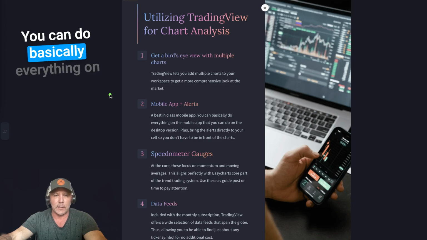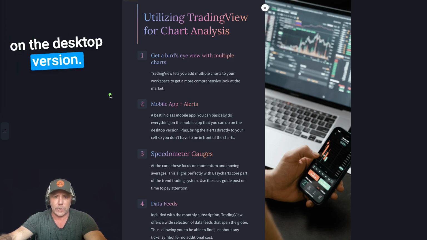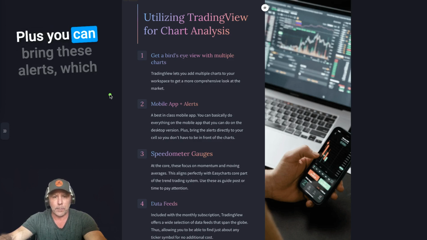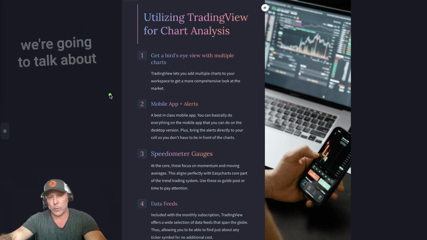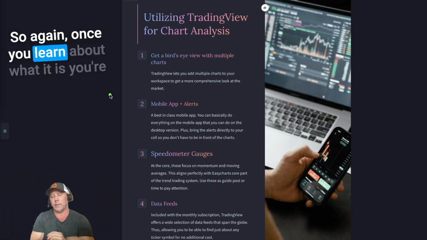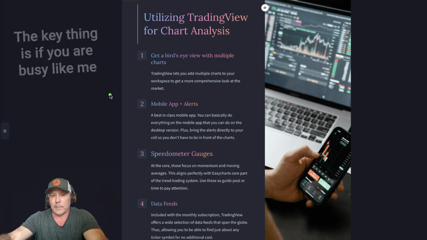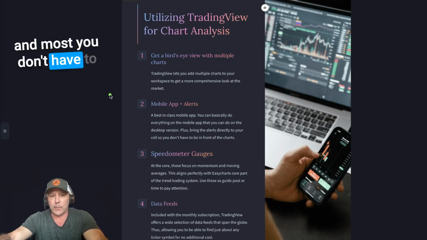You can do basically everything on the mobile app that you can do on the desktop version. Plus, you can bring these alerts, which we're going to talk about, directly to your cell phone, so you don't have to be in front of your charts. Once you learn what you're looking for in terms of entries and exits, the key thing is, if you are busy like me and most, you don't have to be in front of your charts.